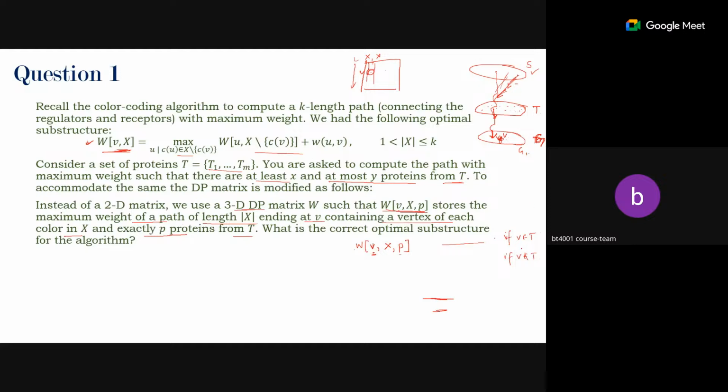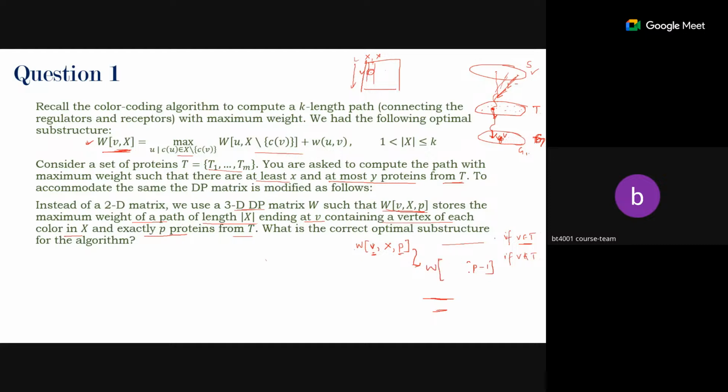So if V is in T, what happens? My P will now include V also. I am including exactly P proteins. So when I am taking exactly P proteins, and V is also one of those proteins, I have to look in the lower dimension, the P minus 1 dimension.